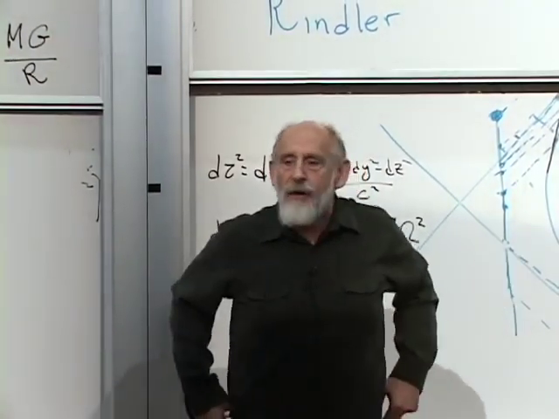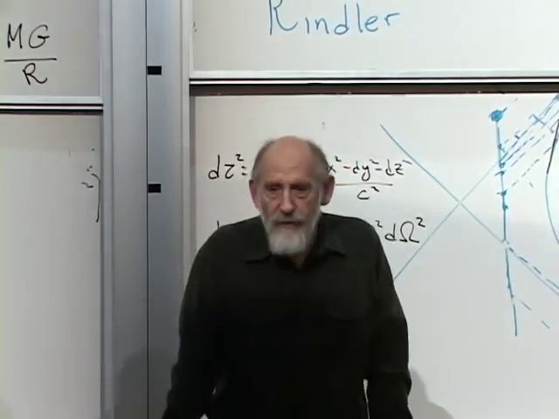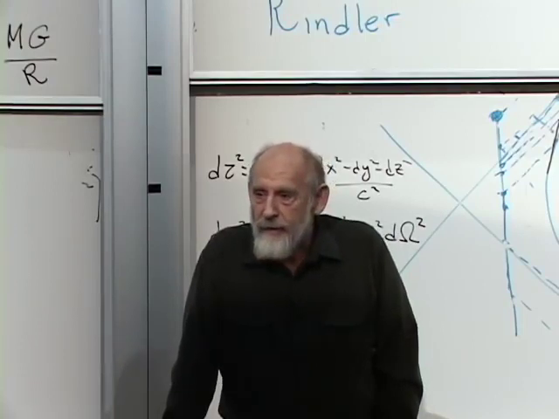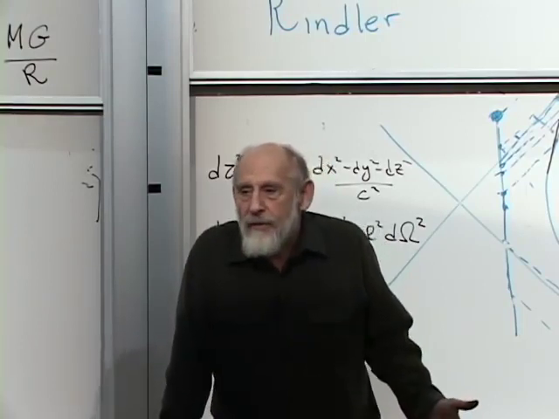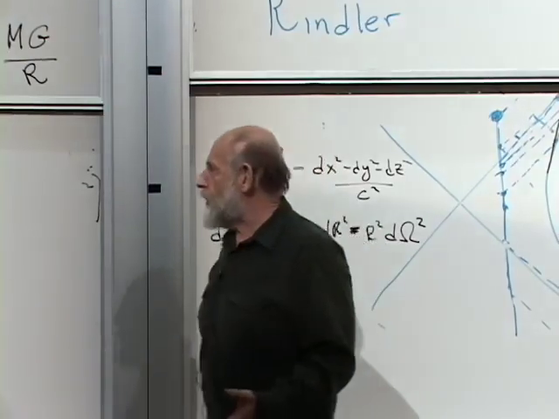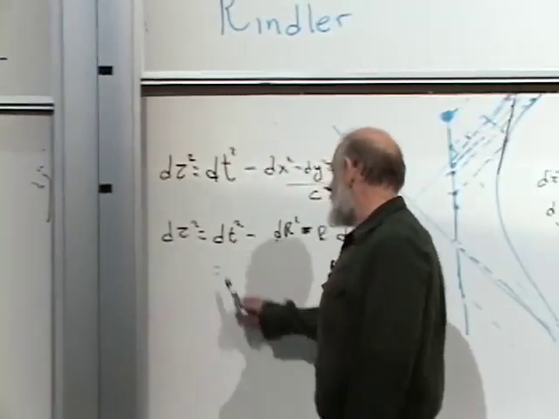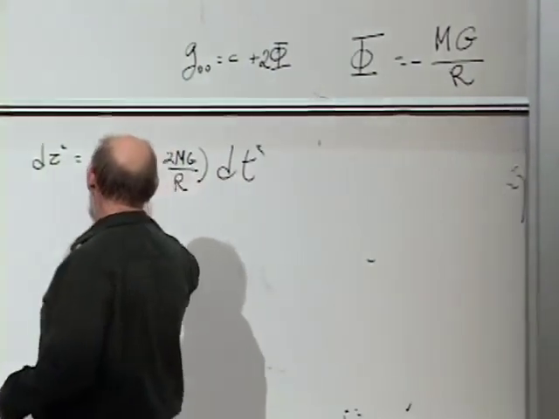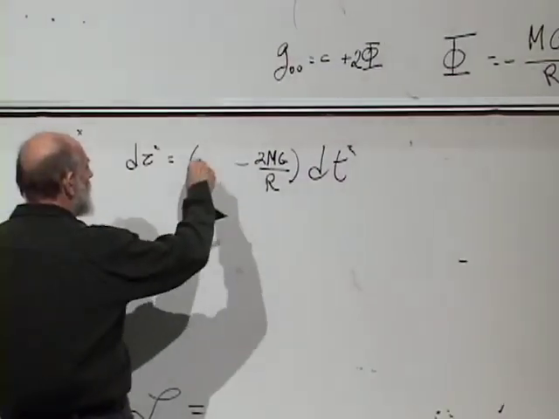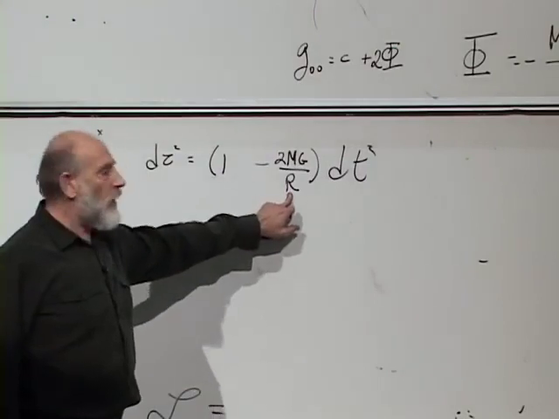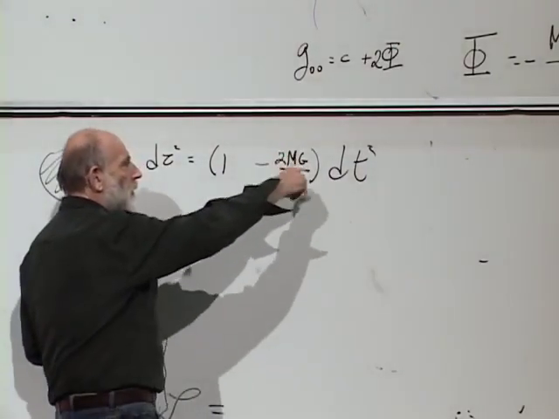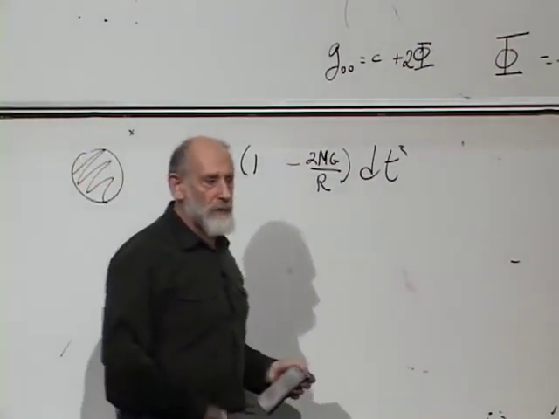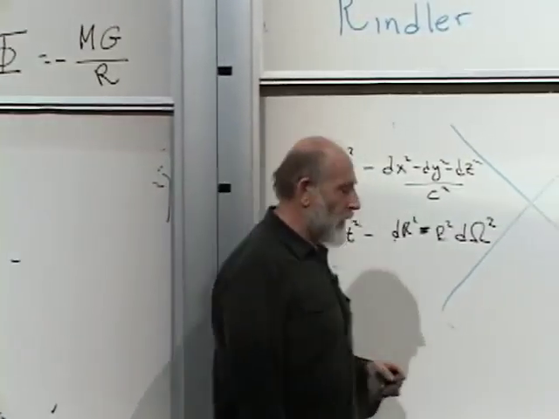This is a black hole of stellar mass. We go 75 billion trillion zillion light years away from it. We don't see it. It's a negligible perturbation on our geometry, and our geometry originally was just dt squared with a 1. There's only one thing this could be. It's got to be 1. When r is extremely large, this is negligible, and we have to go over to what would be just flat space, so it's got to be 1.